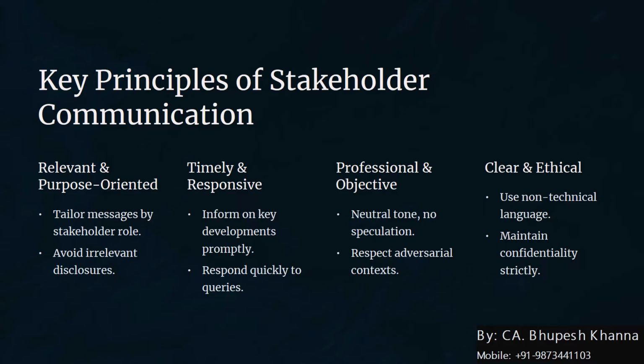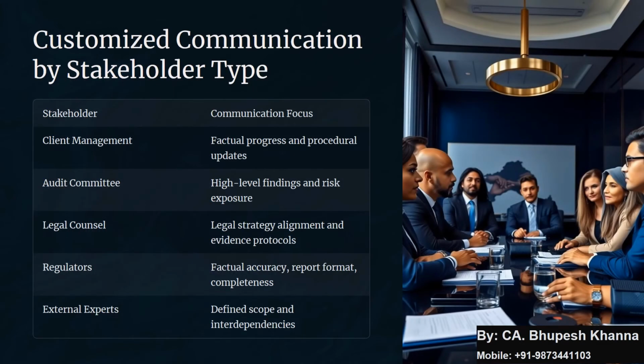Next point is types of stakeholders and customization of communication. FAIS 250 encourages customizing communications based on the nature and authority of each stakeholder. Stakeholder and their communication considerations are as follows. First, client management. It is factual progress, procedural updates.